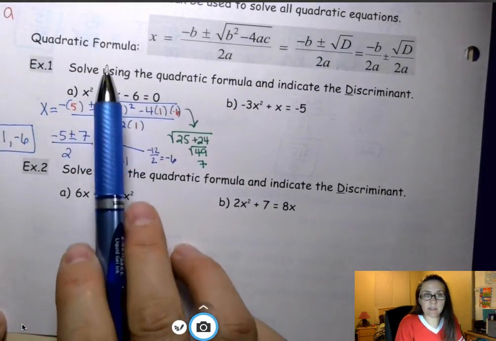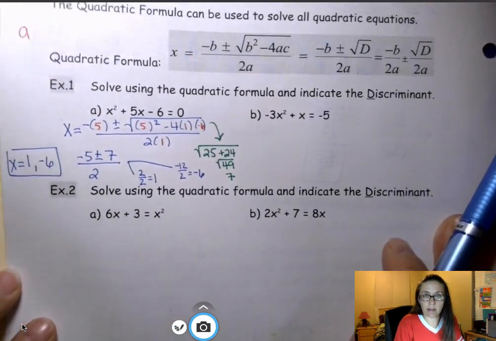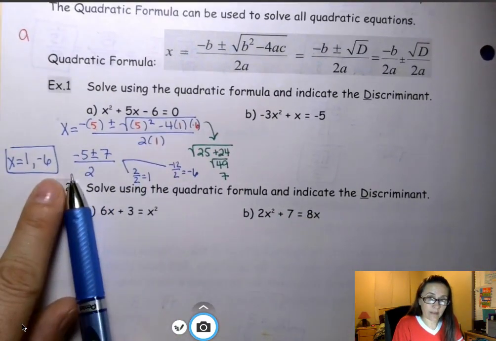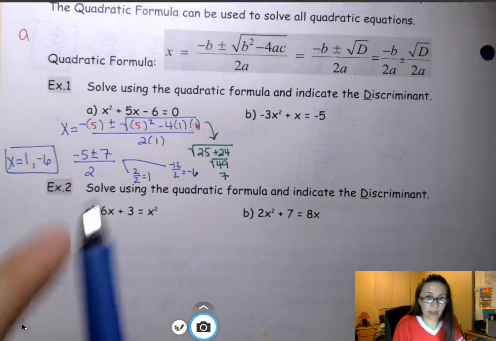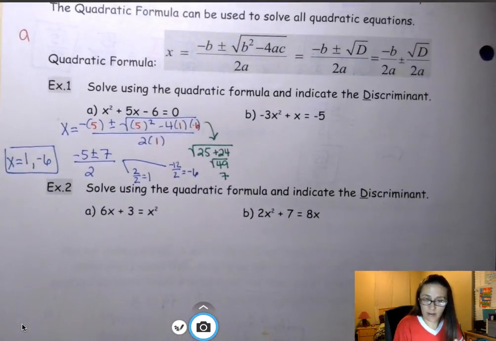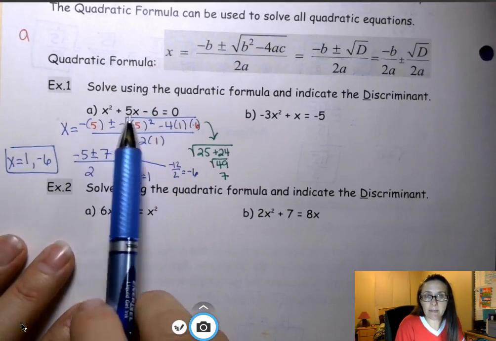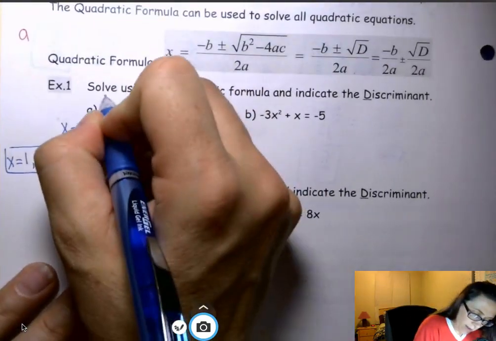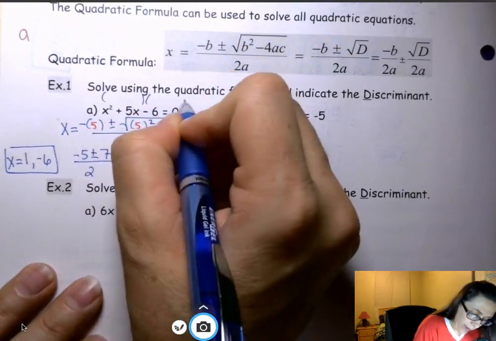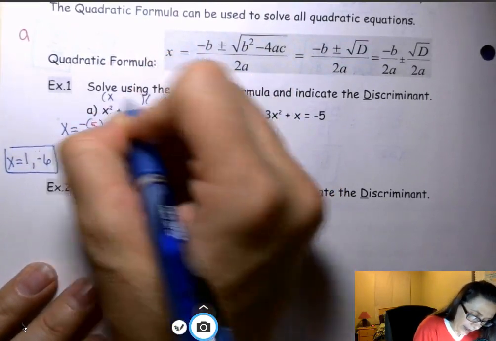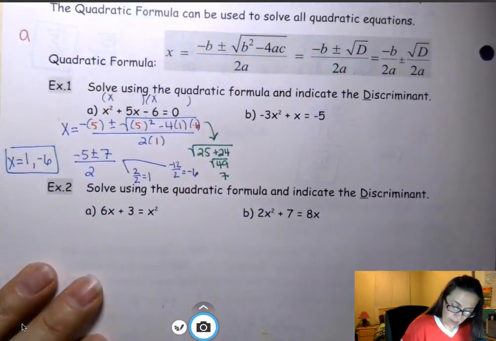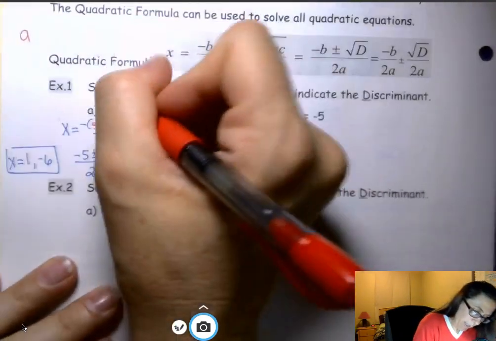Now I wanted you to solve this using the quadratic formula, but if I get 2 actual numeric answers, that means that I could have factored this. If you guys remember factoring, factoring is when I split it back up like this. I'm going to say x times x. It ends in a negative, which means my signs will be different. I would have a plus and a minus.